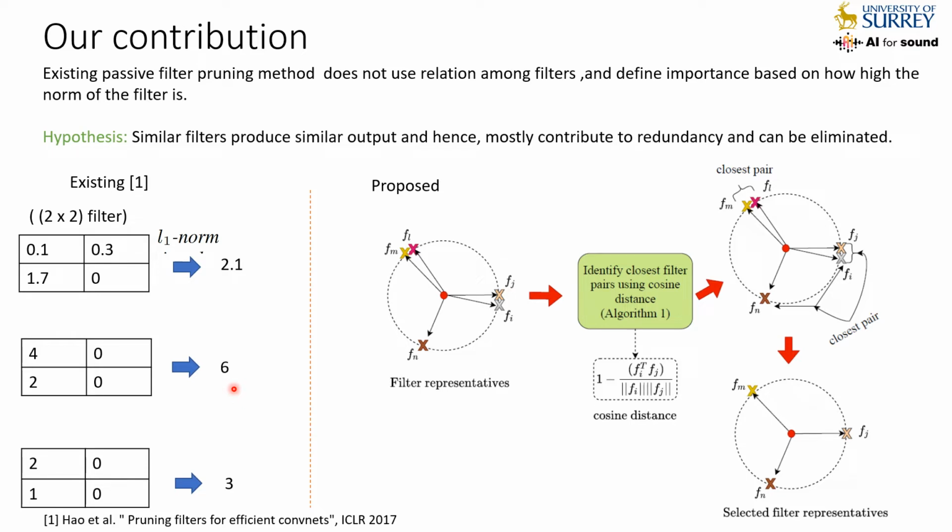Apart from that, under a high pruning ratio, when a large number of filters have to be pruned, norm-based methods always tend to select the high norm filters without worrying about how redundant those filters might be. So we propose a similarity-based method, which gives a diverse set of filters, and it performs better under high pruning ratio, where a large number of parameters or filters are removed from the network.